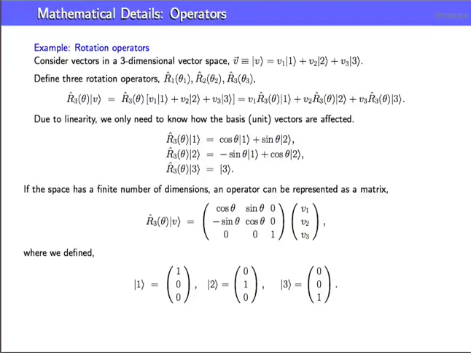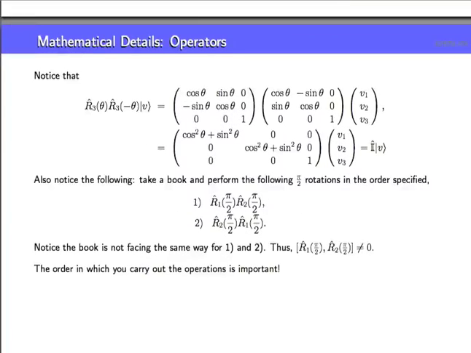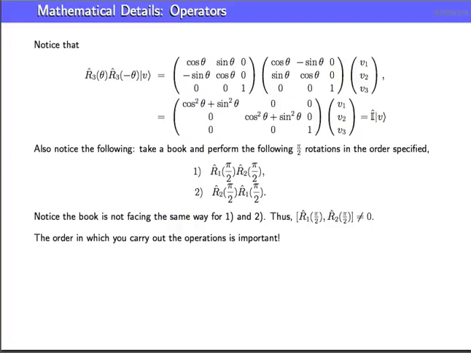Okay, so let's look at some quick examples of how this works. Let's take a rotation about R3 and then rotate it back. So that means we're going to act on the first one. We would take theta to be negative theta in this first matrix, multiply it by V, and then multiply it by the R3 matrix.